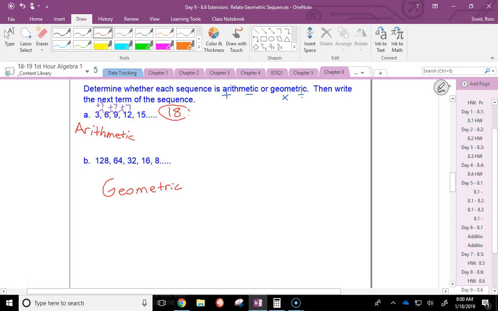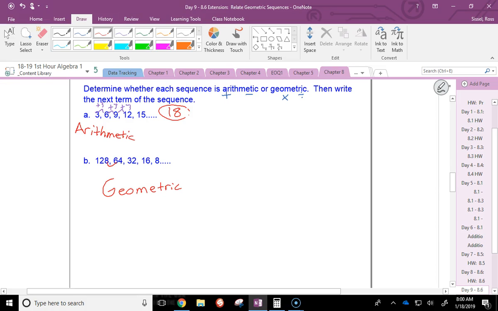What is the rate then? From Rowan. What would be the rate, buddy? On this B, what would be my rate? How do I get from 128 to 64? Oh, cut it in half.